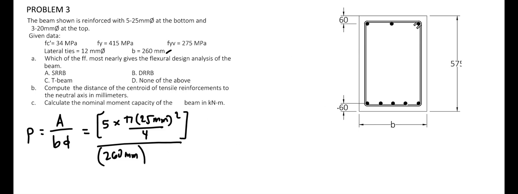It is the distance going from the centroid of the steel reinforcement on the tension side to the outermost edge of the compression part of the beam. So this has a value of 575 minus 60, that is equal to 515 millimeters.